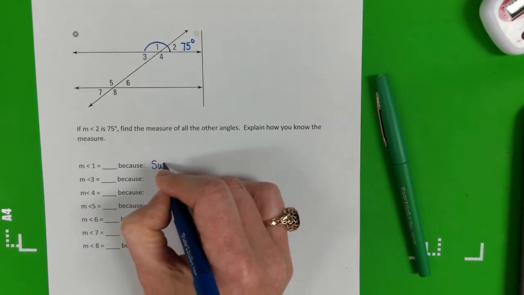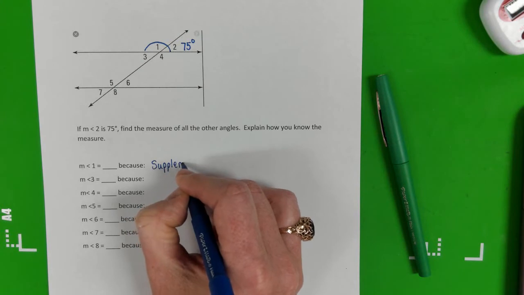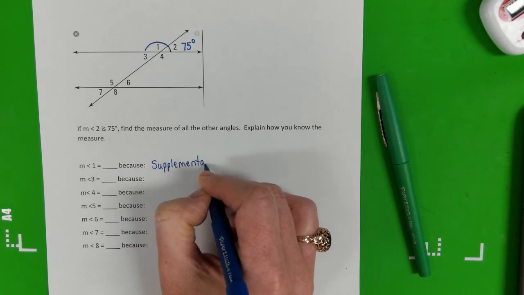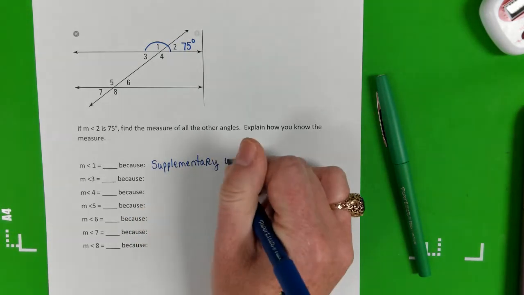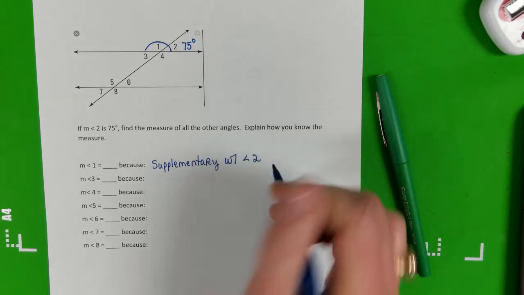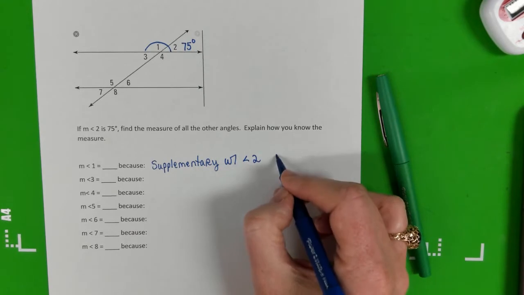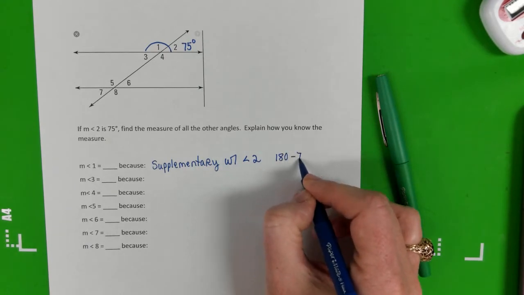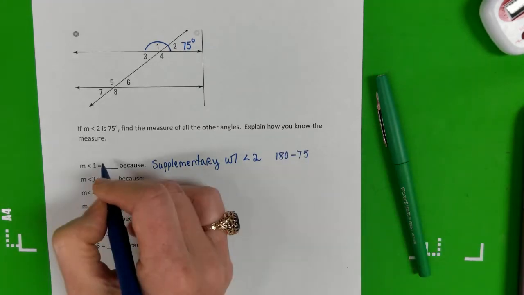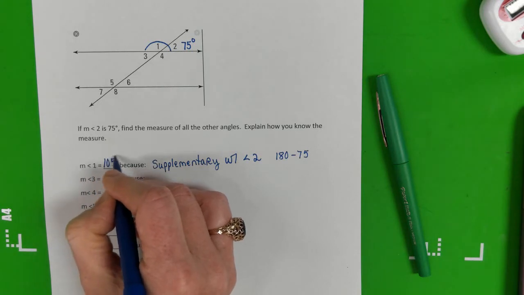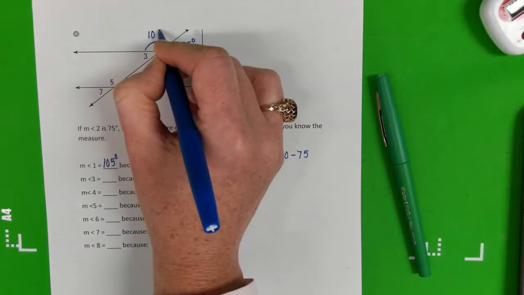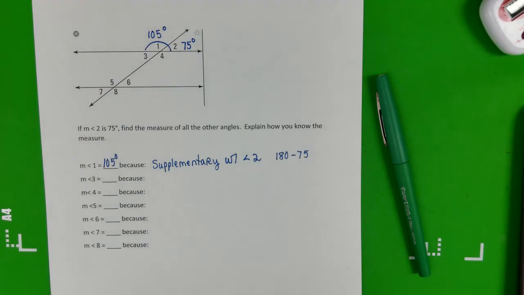Angle 1 is supplementary with angle 2, which means together they should add up to 180. So 180 minus 75 is 105 degrees, right? So angle 1 is 105 degrees.